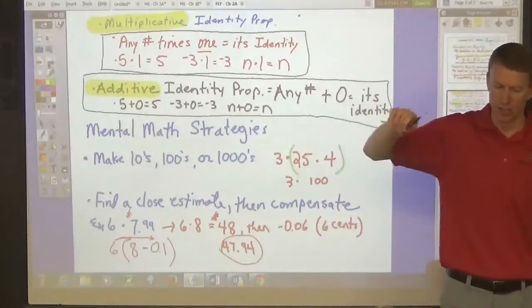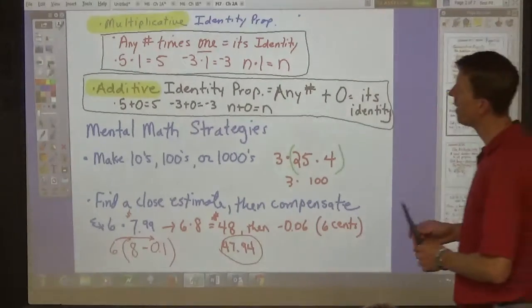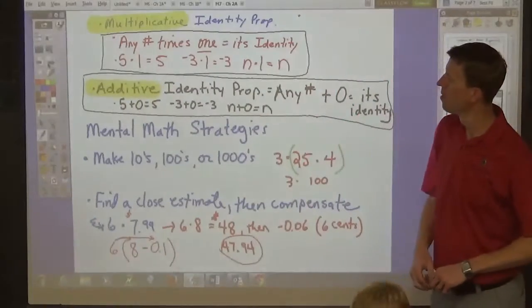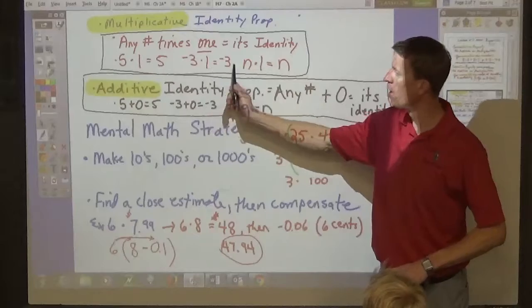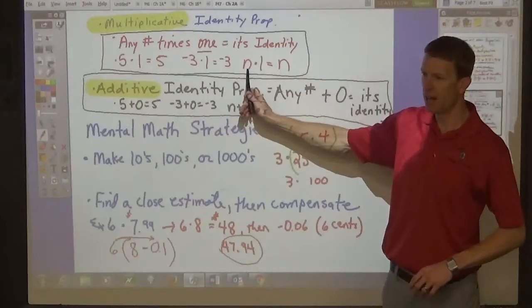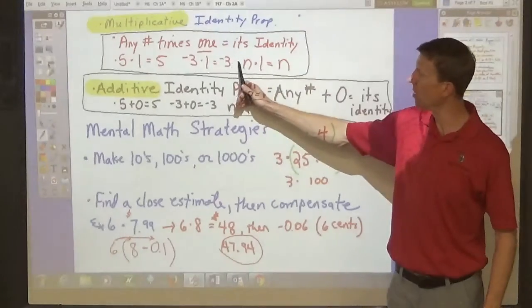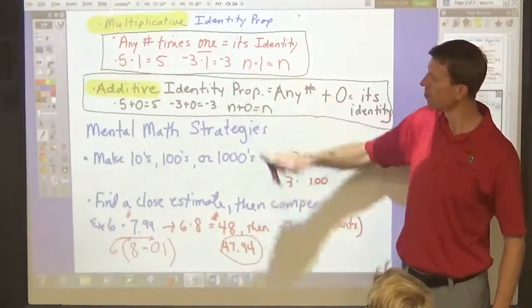Later on, you'll hear that more in algebra. The number 1 identifies the number when you multiply it by the term. So 5 times 1 is 5. Negative 3 times 1 is negative 3. N times 1 is n. That's called the multiplicative identity property.